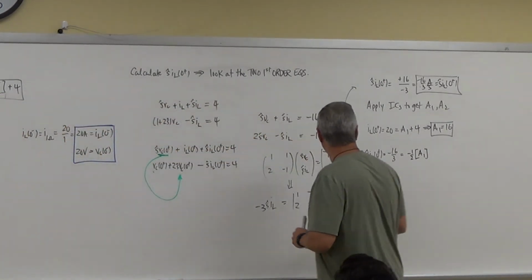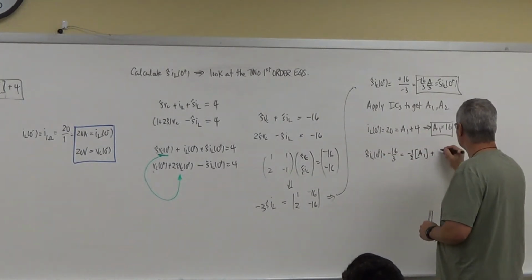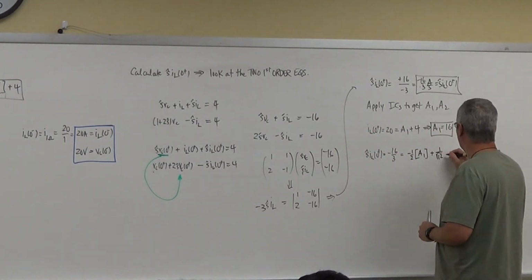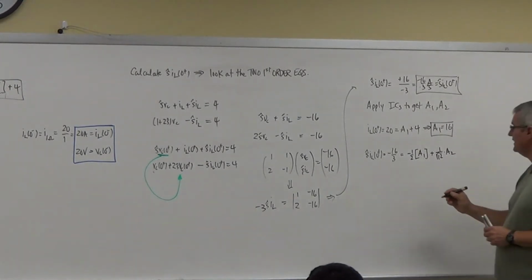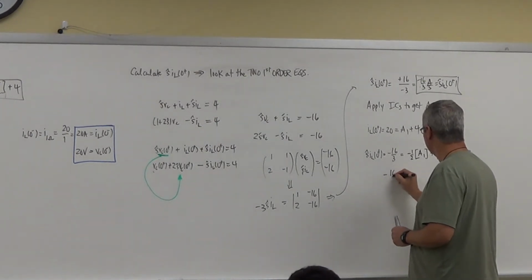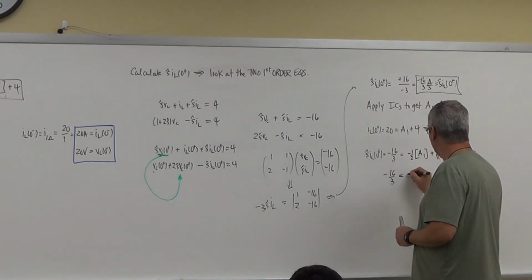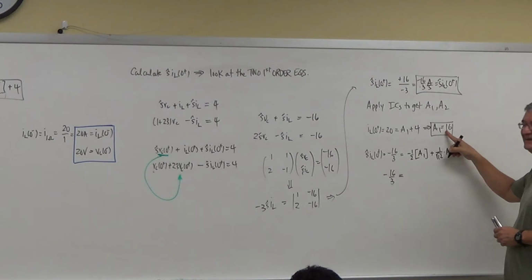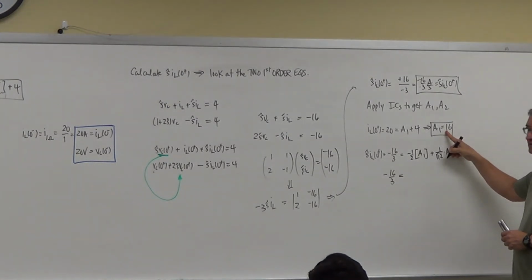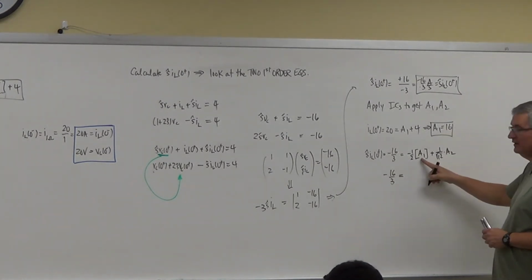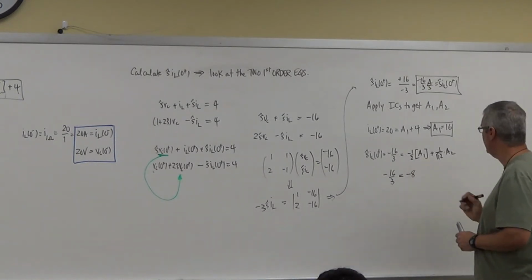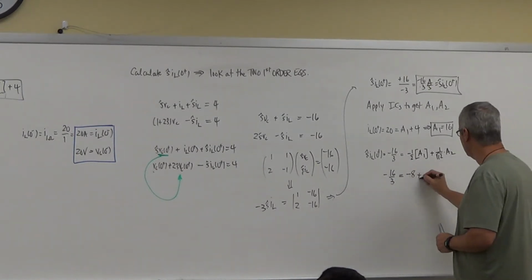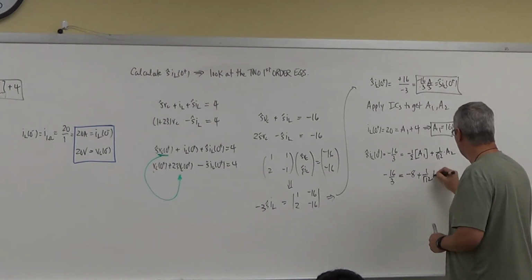So then I get plus 1 over the square root of 12 times A2. So then I get 16 over 3, and then I get this guy. So A1 is 16. So look at that. 16 divided by 2 gives me negative 8. And then I get this plus 1 over the square root of 12, A2.